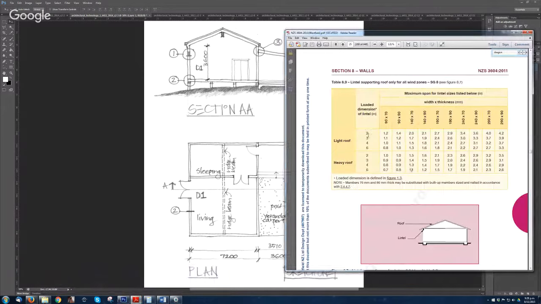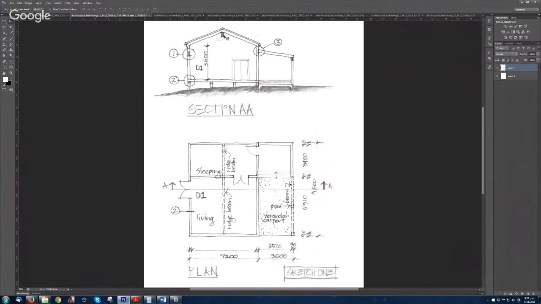Does everybody know what a loaded dimension is? Like what that means? It's just like the weight that the element is carrying. Exactly. So the ridge beam's holding half of it, and the wall where the lintel is positioned is holding the other half. And the rafter is the weight on top of the wall and on top of the ridge beam.